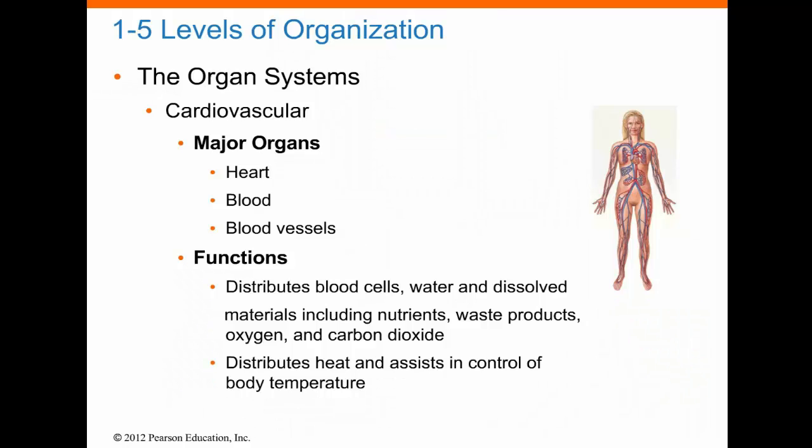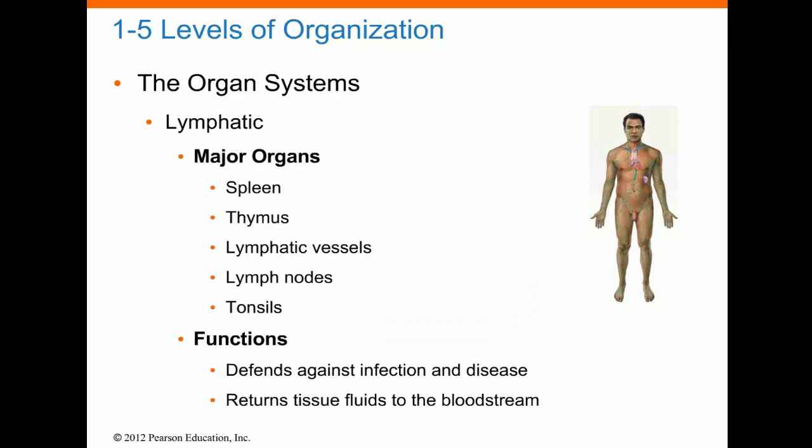The lymphatic organs, which we won't be looking at so much this semester, are the spleen, the thymus, the lymphatic vessels, and the lymphatic nodes. You can see the lymphatic nodes are located around the axillary, the underarm, and we have nodes around our head, in our groin, in our abdomen, and around our legs and arms.